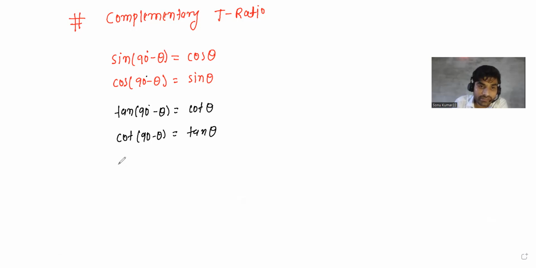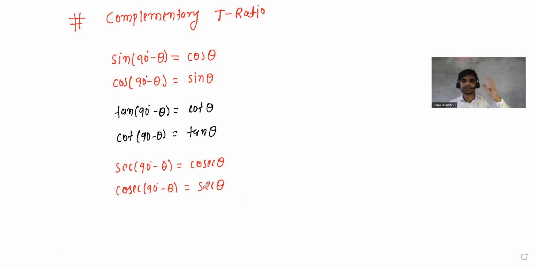Now talking about sec and cosec. Sec 90 degree minus theta is equal to cosec theta, and cosec 90 degree minus theta is equal to sec theta. Sec 60 degree and cosec 30 degree are the same. If we compare the tables, we get the same answer. That's why you have to remember this.